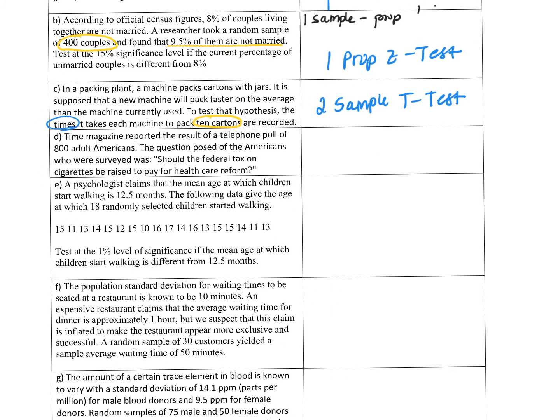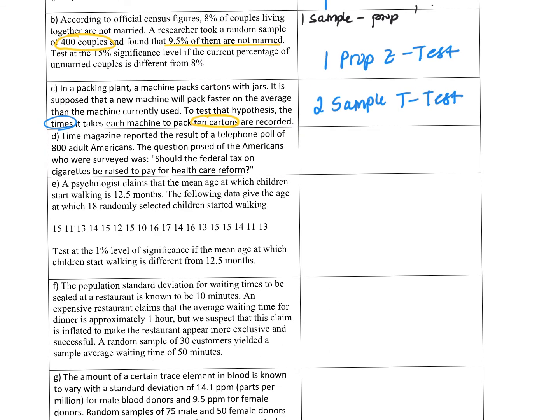All right. D. The Time magazine reported that the results of a telephone poll of 800 American adults. The question posed of the Americans who were surveyed was, should the federal tax on cigarettes be raised to pay for health reform? Okay, well, this is very small information, but should the federal tax on cigarettes be raised to pay for healthcare reform?